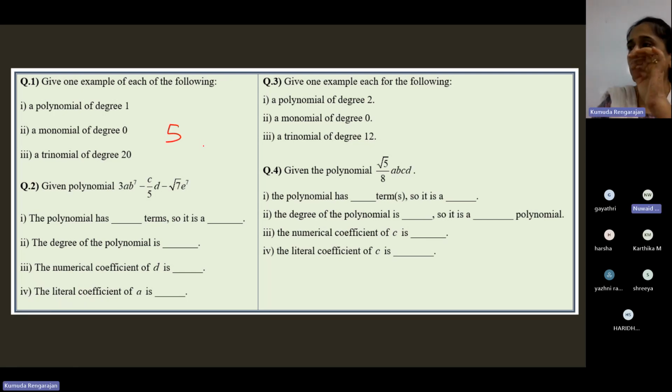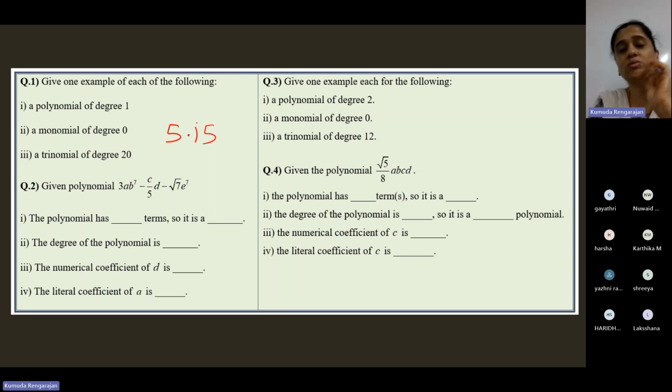So for degree 0, you can give any real number other than 0, any real value, 5.15. The power of the variable is 0. Degree should be 0.